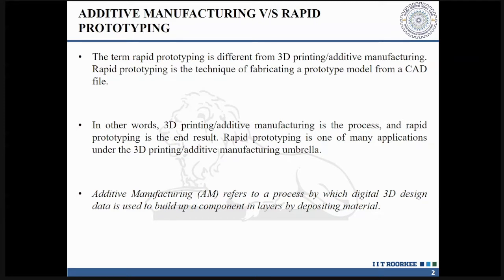Many a time, whenever any product is coming into real existence, it has to go through several stages before it is launched into the market. So before that, we do not go for the actual scale production of the product, but we go for prototyping manufacturing.